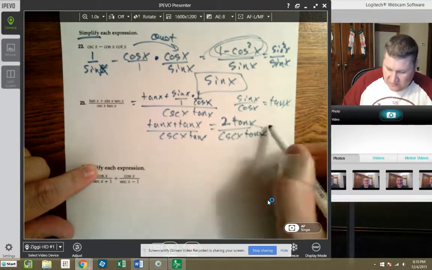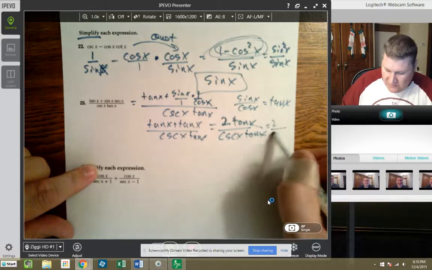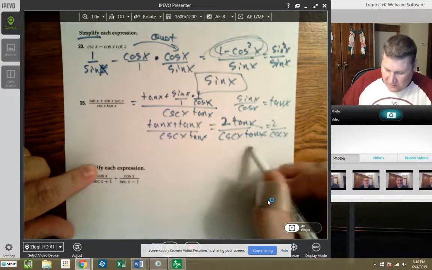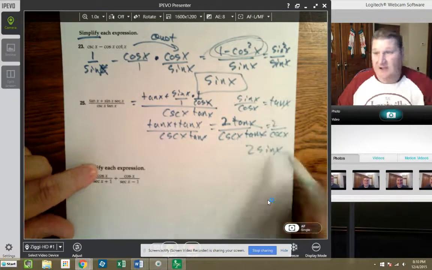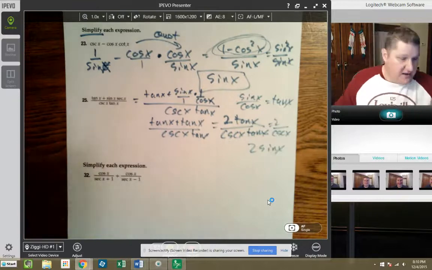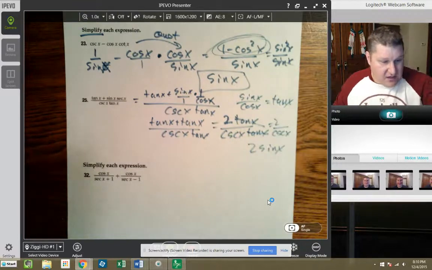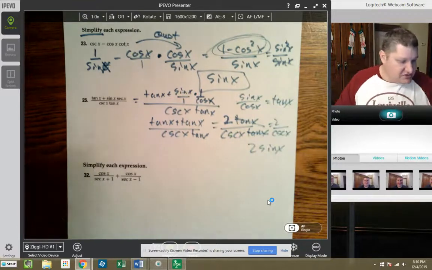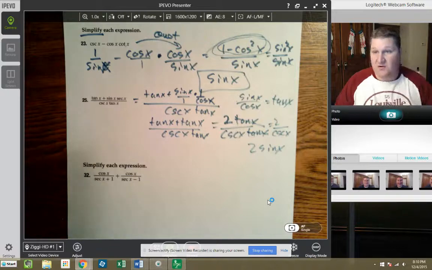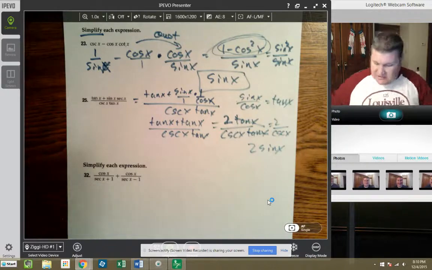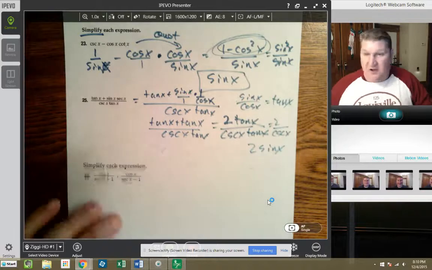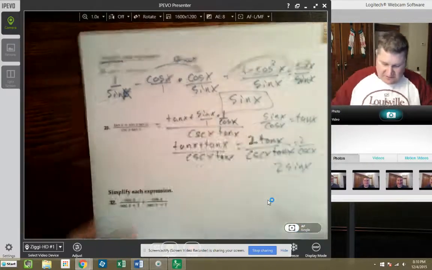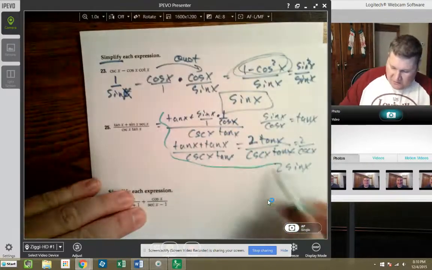Cancel. I'm left with 2 over cosecant x, or 2 sine x. There we go. Now, that's kind of a lot, but again, we're just using the properties over and over and over again. Let's do a different style of solving. So that would be one way to solve.